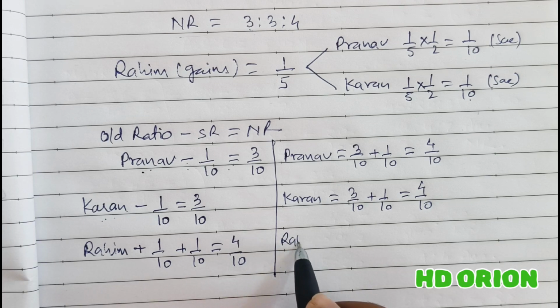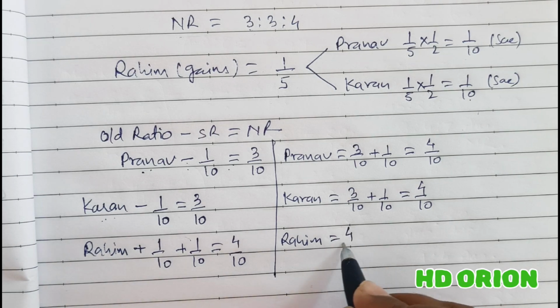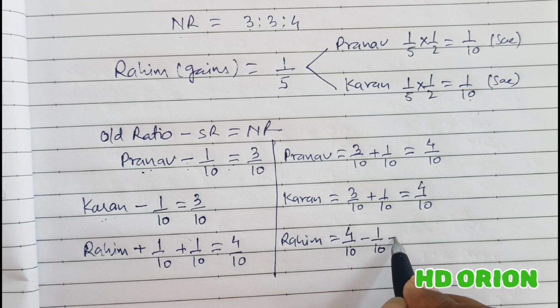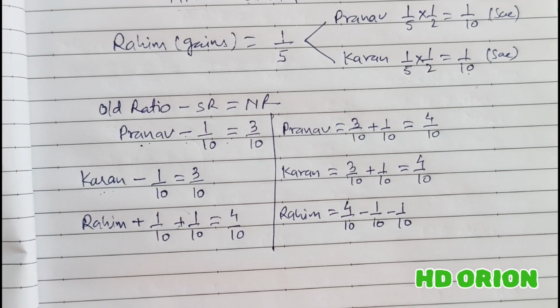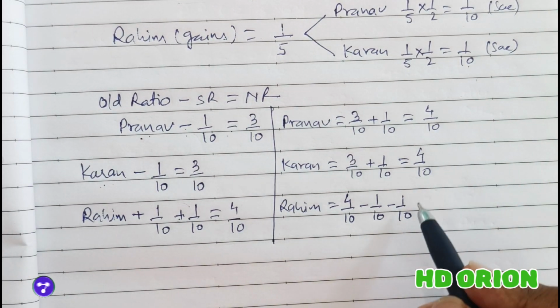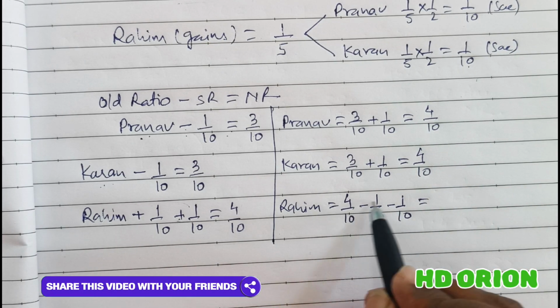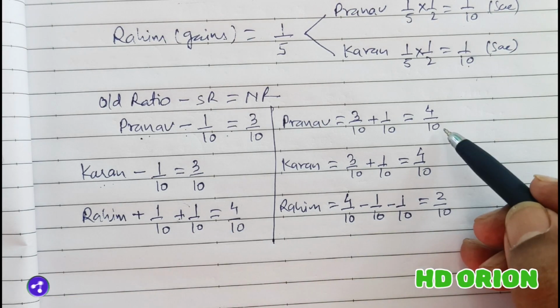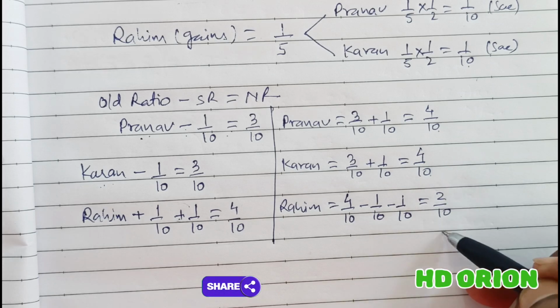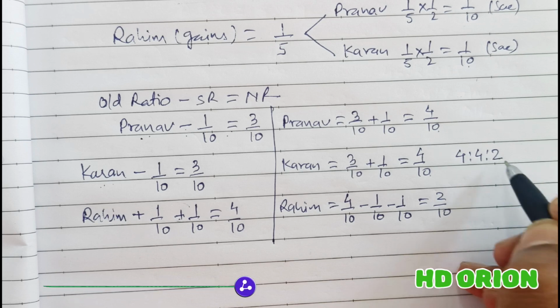And for Rahim, this portion will be transposed to the right hand side: 4/10 minus 1/10 minus 1/10, because they are positive, so when brought to the right hand side, the sign will change. This is 4 minus 1 minus 1, that is 2/10. Here the denominators are the same, 10, 10, 10, so the numerators can be taken as the profit sharing ratio, that is 4:4:2.